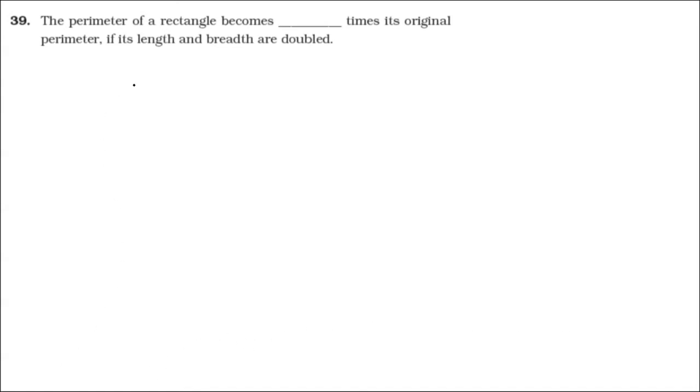Question number 39. The perimeter of a rectangle becomes dash times its original perimeter if its length and breadth are doubled. We all know that the perimeter is 2 times length plus breadth.